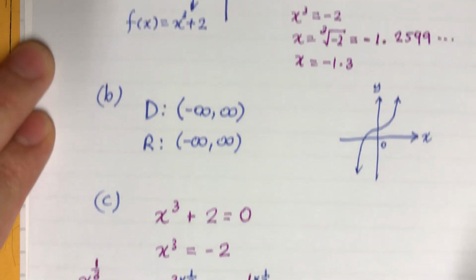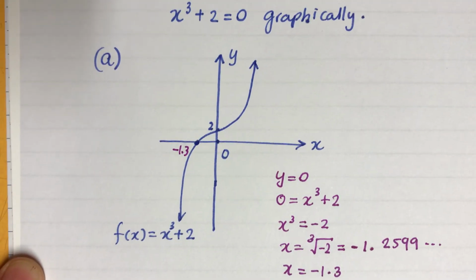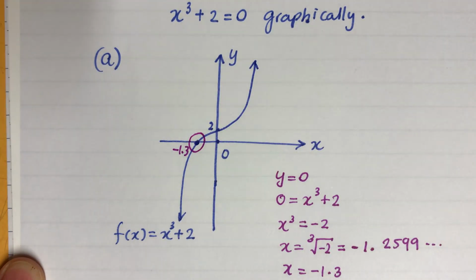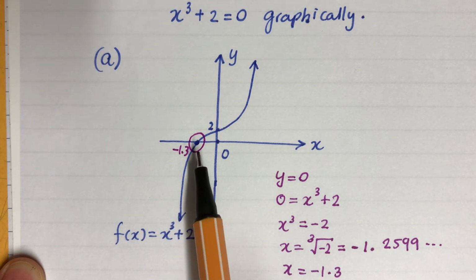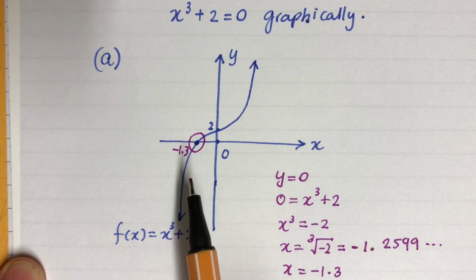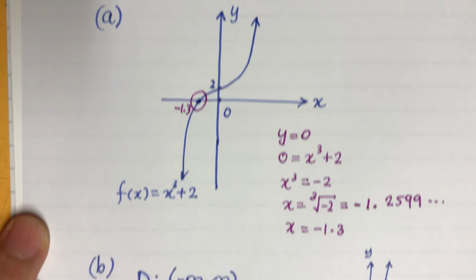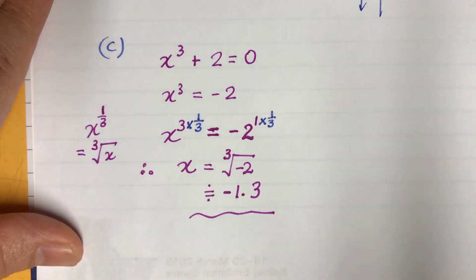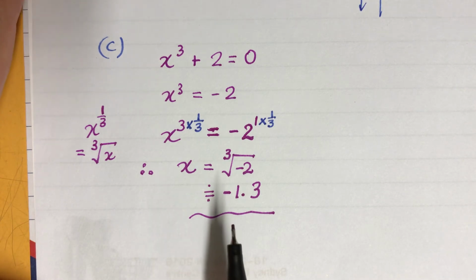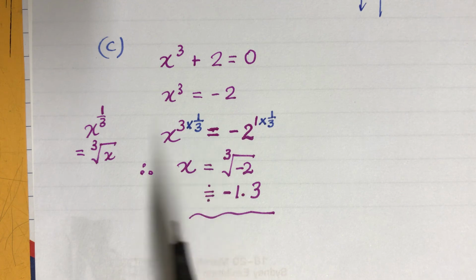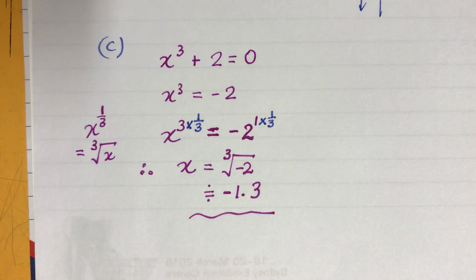If you sketch this graph nicely on grid paper, roughly you will see minus 1.3 on your grid paper. That's what it means. But to be 100% sure what exactly that value might be, we can solve this first algebraically, and then we can check that with the graph.